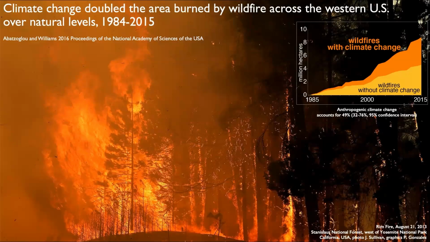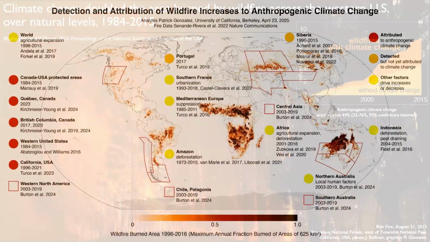Climate change has doubled the area burned by wildfire over natural levels since 1984. So we see here, these are the wildfires without climate change, and the orange is the additional surface area burned caused by anthropogenic climate change.